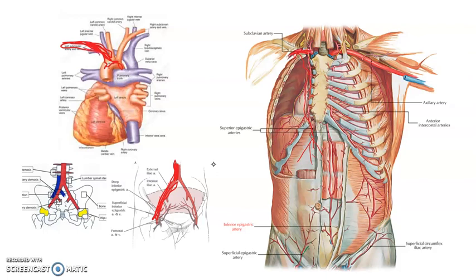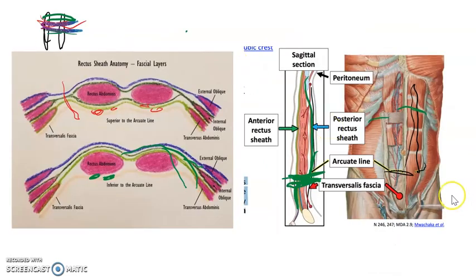It follows its way down here and into the abdominis, and it cuts under pretty much all the muscle layers, and supplies them, as you can see.